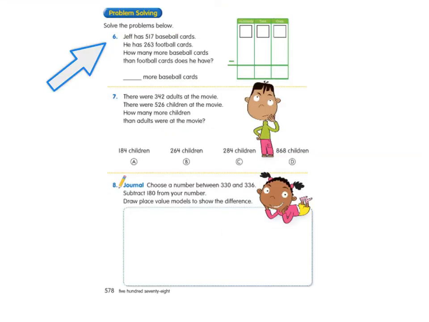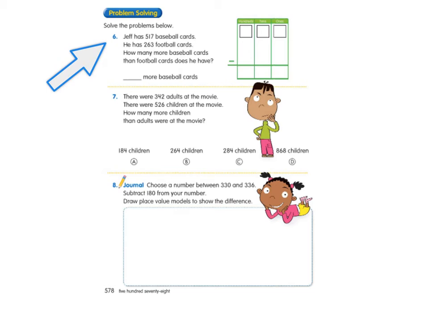Problem solving. Solve the problems below. Number 6. Jeff has 517 baseball cards. He has 263 football cards. How many more baseball cards than football cards does he have? You will subtract 517 minus 263.